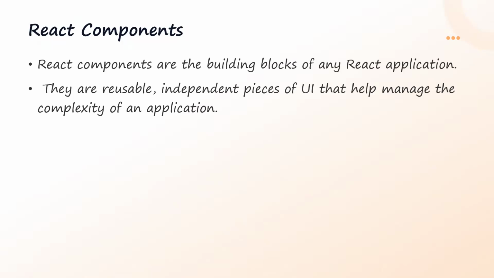They are also independent pieces of UI. A button on Facebook is an independent piece of UI. Its job is to just display something that looks like a button. Every component has its job, and its job is to display a particular UI. So the big picture of your application is your first component, which is going to display all the user interface of your application. Then for each part of your user interface, you have different components.